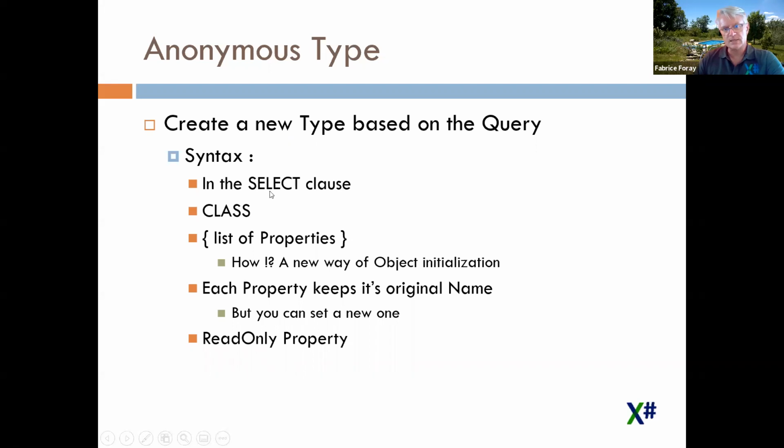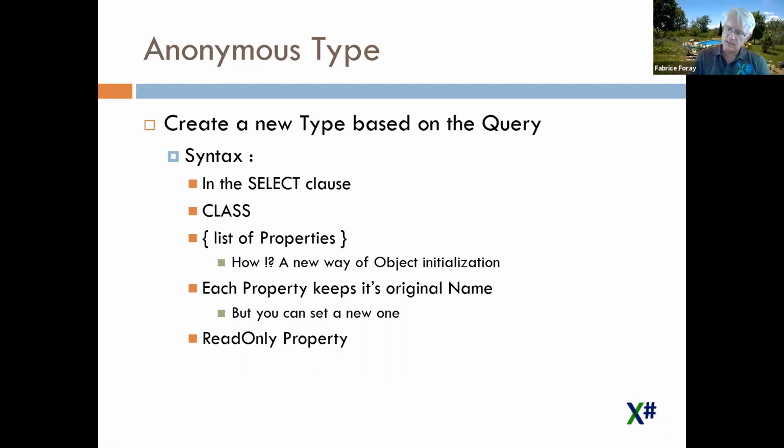And in the select clause, I can specify that I have a new class, and using brackets, specify the list of properties. But when you specify the class keyword, you don't specify the name of the class. That's what we call an anonymous type.